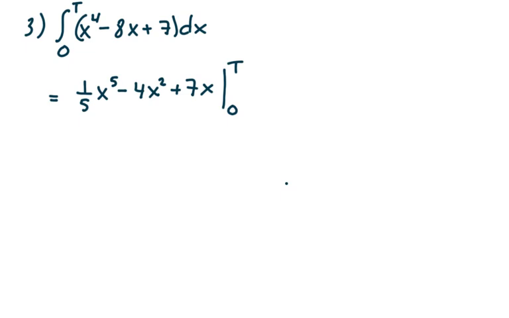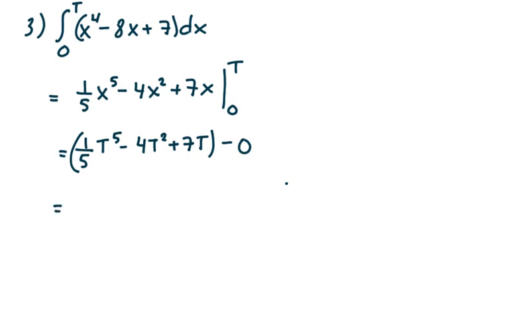So replacing x with t, I get 1/5 t to the 5th minus 4t squared plus 7t. If I replace x with 0, I get 0, and I'm going to subtract these quantities.